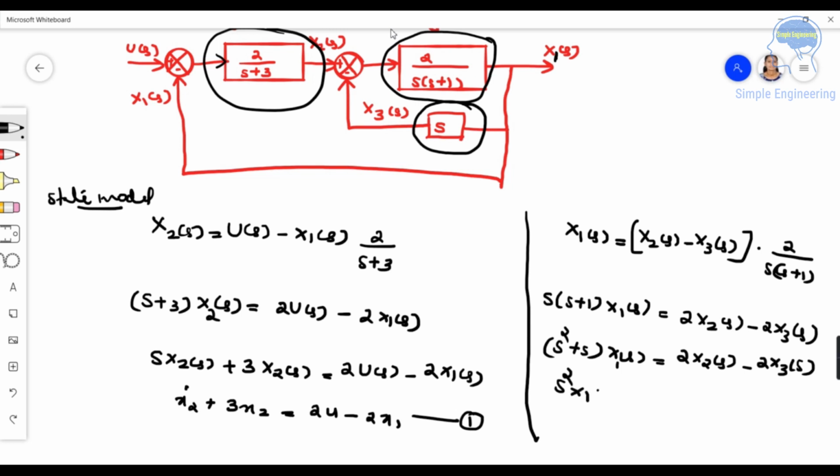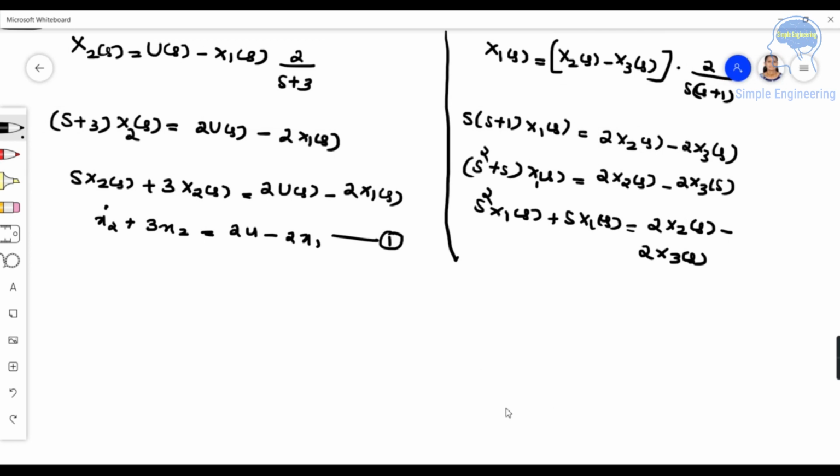So s square x1 of s plus s x1 of s is equal to 2x2 of s minus 2x3 of s. This is the equation, and here s square x1 of s means x1 double dot, plus x1 dot is equal to 2x2 minus 2x3. This is equation number 2.